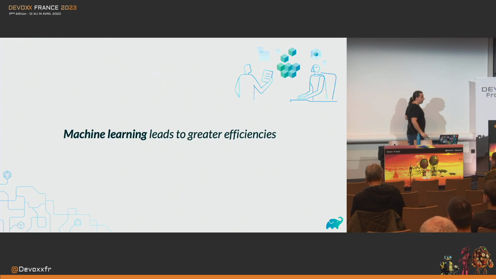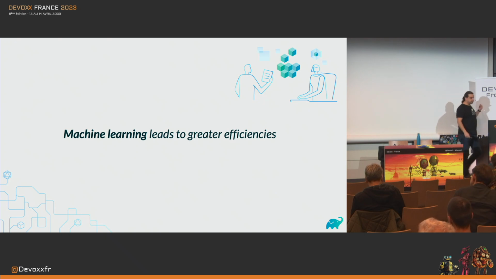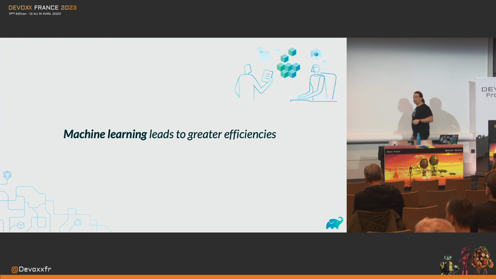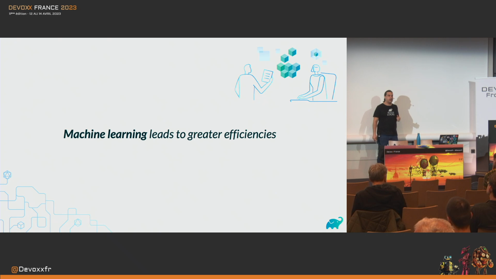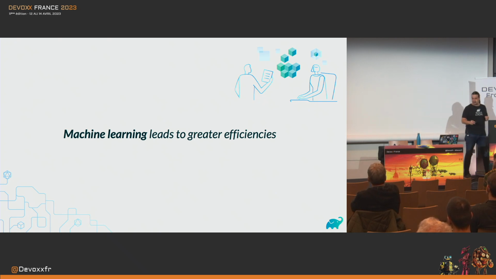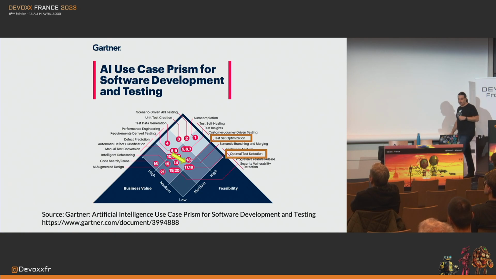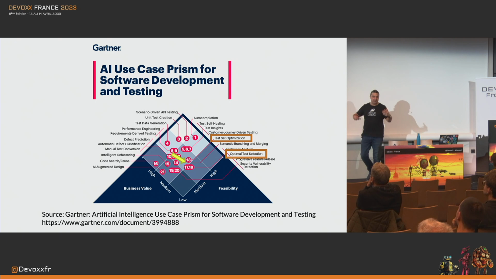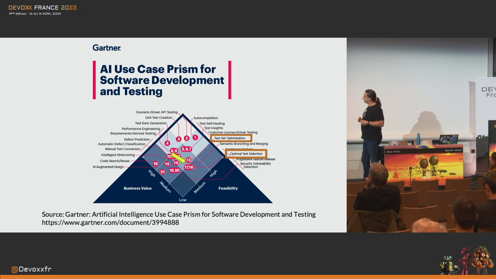All right, so we talked about build caching. We talked about test distribution. The third acceleration leg, if you will, involves machine learning, which is going to take us to even better efficiencies around testing. This type of stuff is kind of predicted. Again, you notice Gartner, I'm a big fan of the business analyst group.